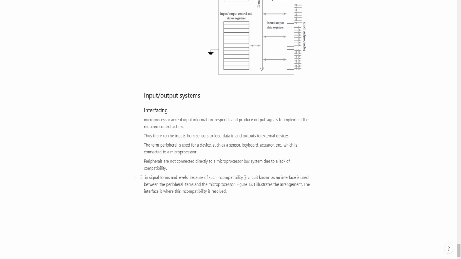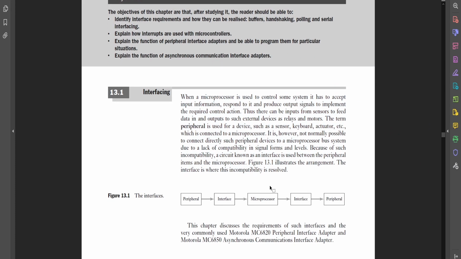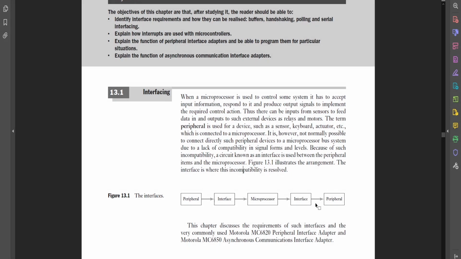A circuit known as an interface is used between the peripheral items and the microprocessor. Right, cool. And then let's just get that picture of the block diagram that they had as well. There we go. So we've got the peripheral, the interface, the microprocessor, interface, peripheral.